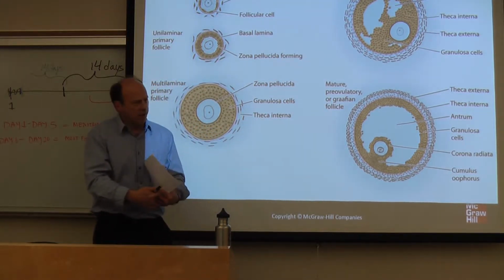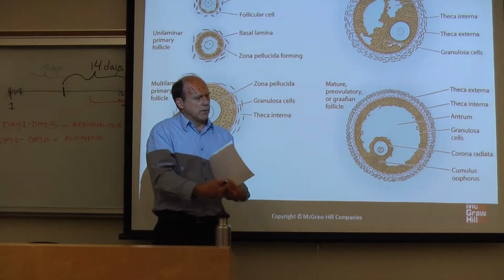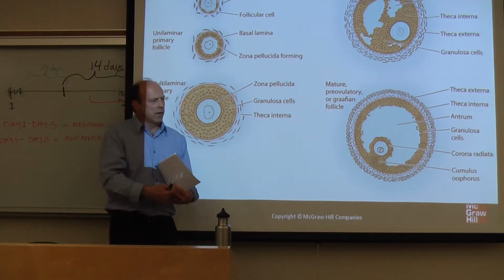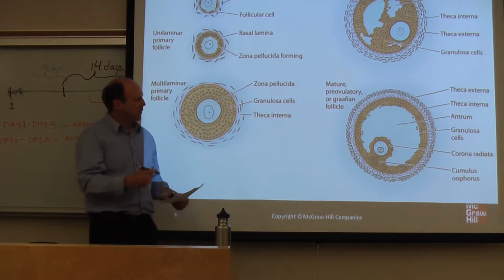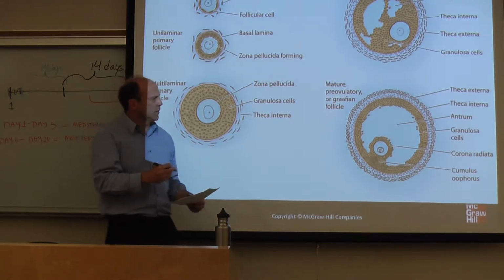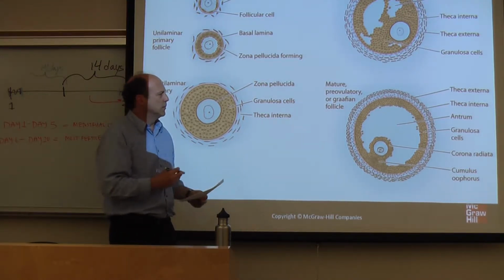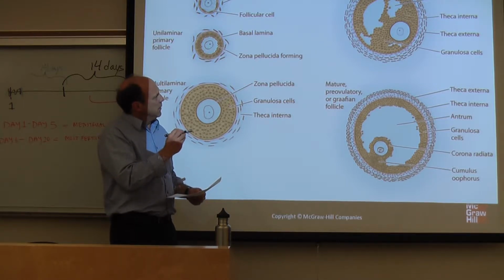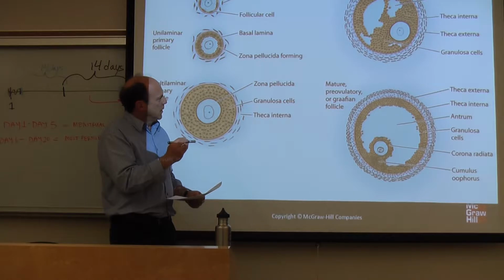The interstitial cells are an endocrine cell that's producing testosterone and allowing the maturation of the spermatid to being a fully functional sperm. So this is a similar situation here.